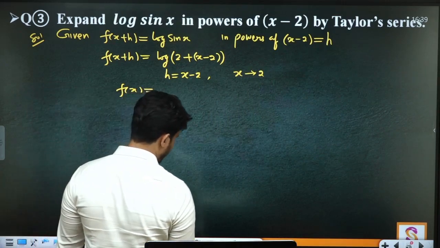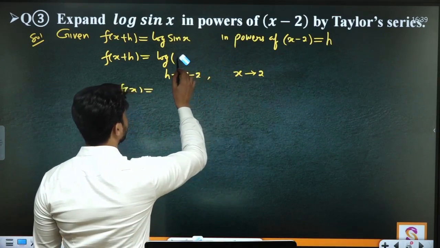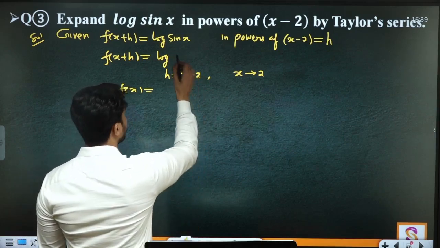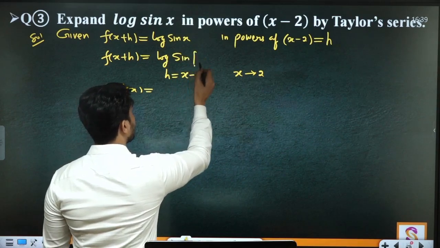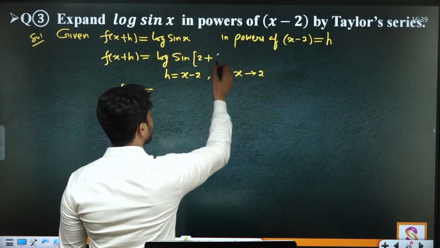Because f(x) will be log sin. Oh, sin was missed, log sin. Yes, in the function you can write here sin and then 2 plus x minus 2.